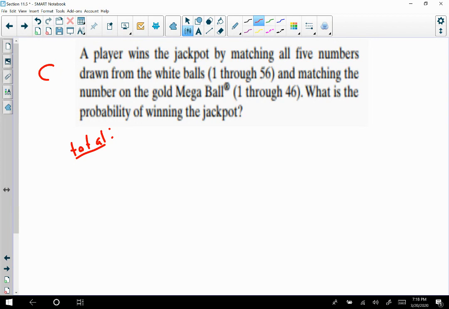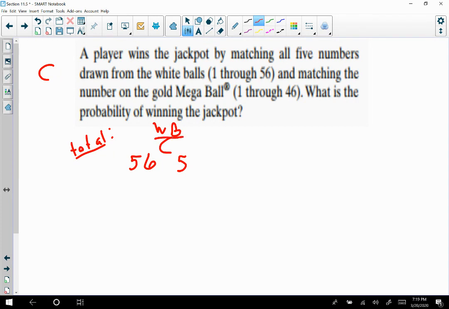To get our total, for the white balls, we have 56 numbers we're choosing from, and I need to choose 5 of these. Let's call those WB, white balls.